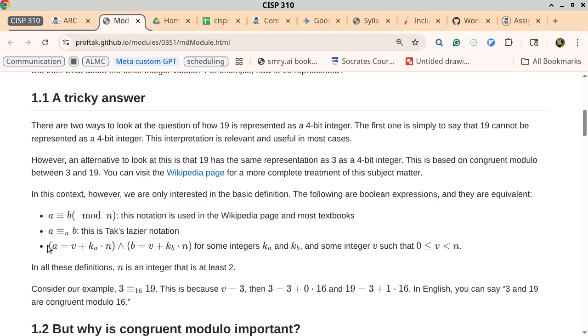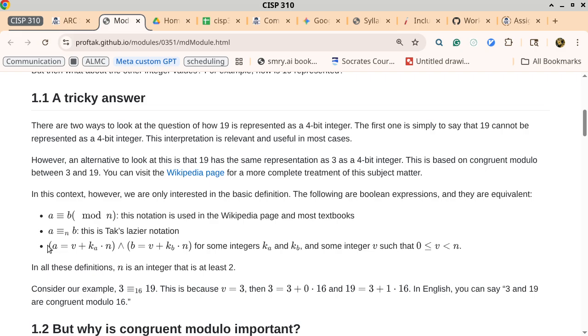The question that we want to ask here is, is A congruent modulo 16 with B? That's the question. This is what we want to answer. Okay, so this is how -3 is going to be expressed, and this is how 13 is going to be expressed. Same V, but Kb, and also the same 16, which is n over here.